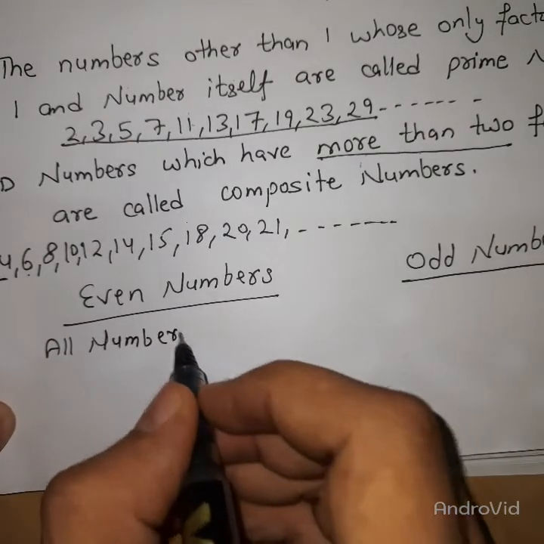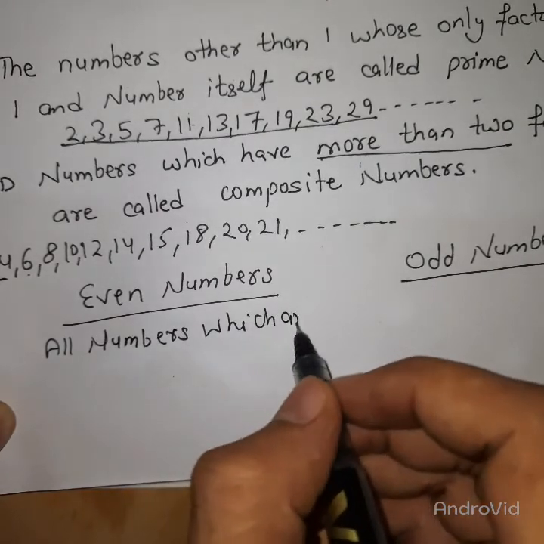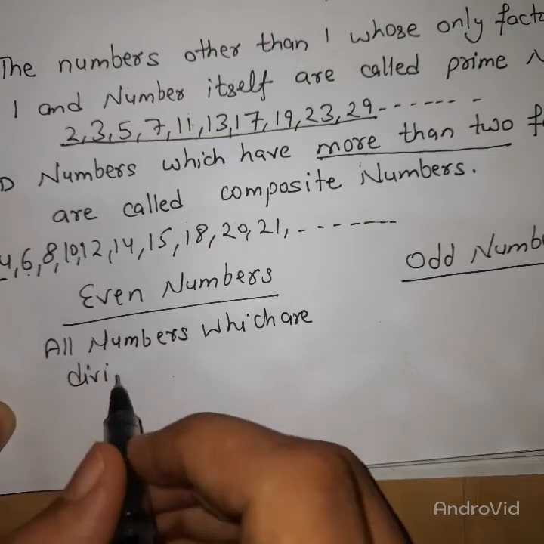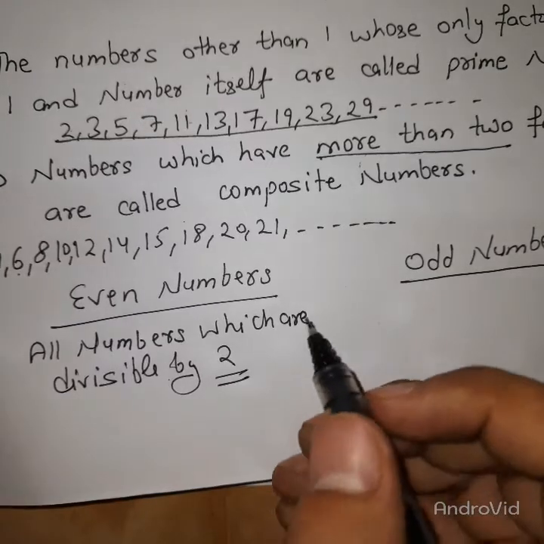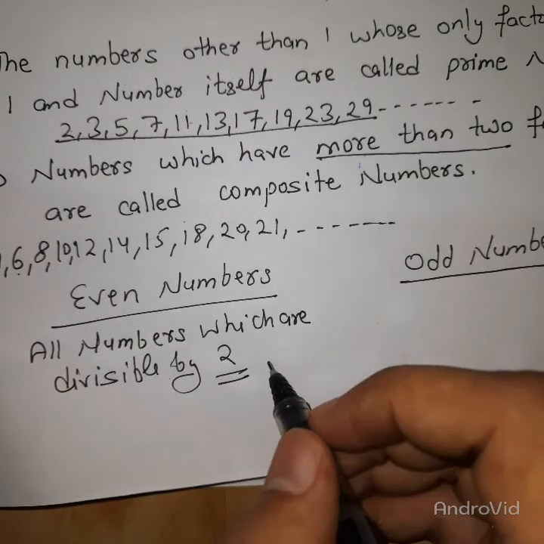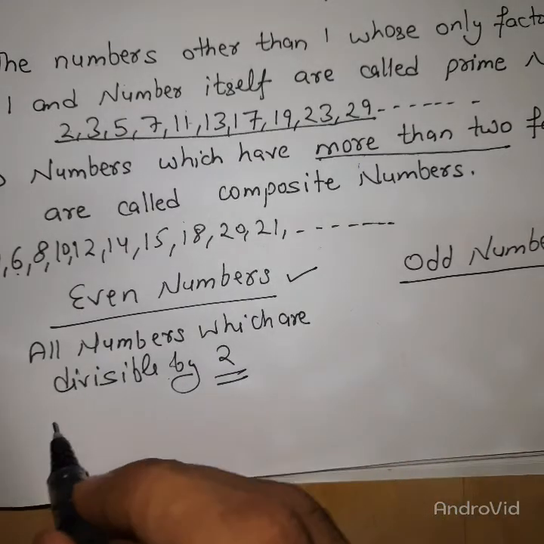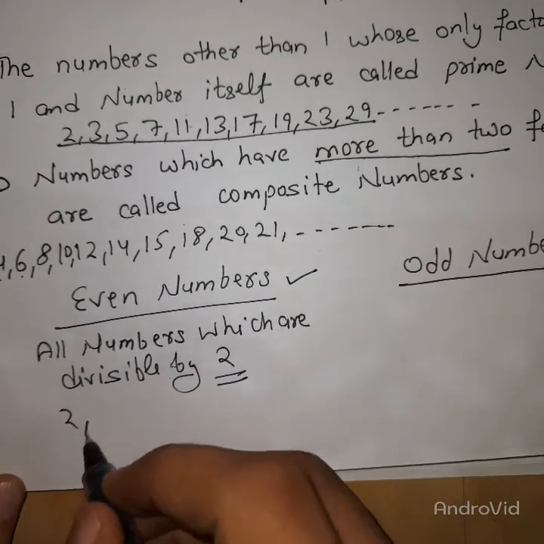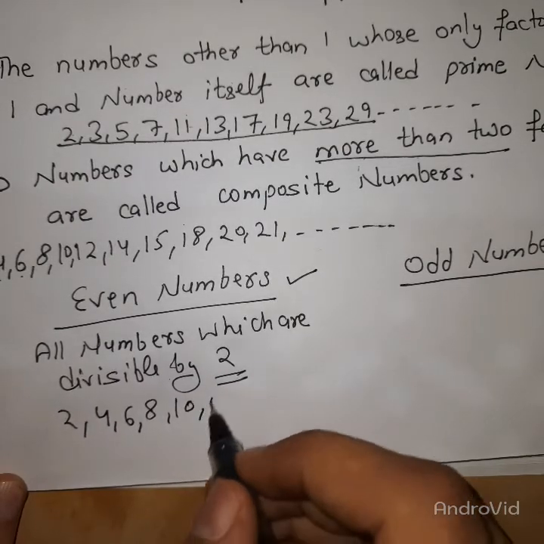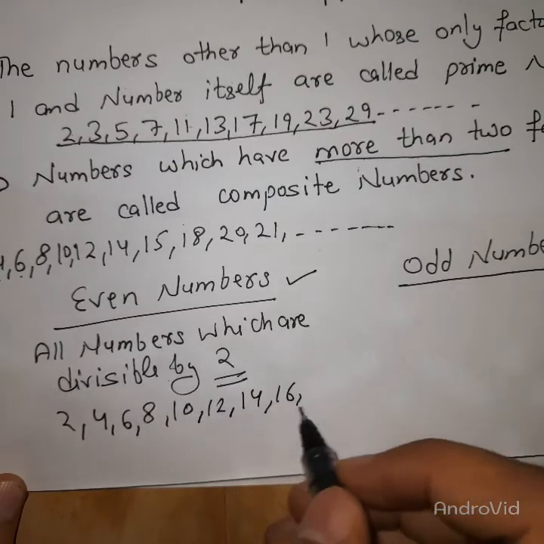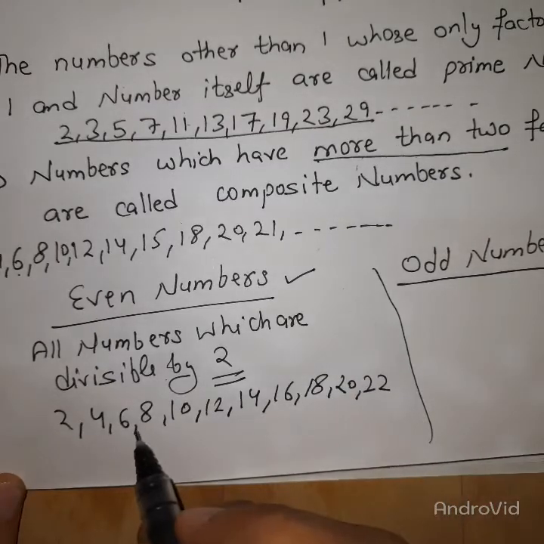Even numbers are those numbers which are divisible by 2. वो सभी नंबर्स जो 2 से डिविजिबल होते हैं वो सभी कैसे नंबर्स होते हैं? इवन नंबर होते हैं. For example 2, 4, 6, 8, 10, 12, 14, 16, 18, 20, 22, like this.